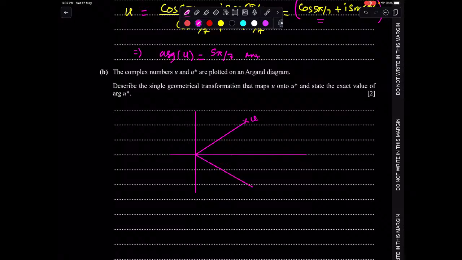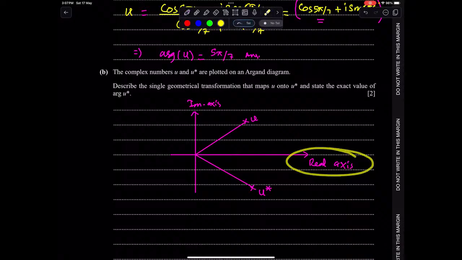So its conjugate must be here, because conjugate is always the reflection in x-axis, real axis in fact. This is imaginary axis and this is the real axis. If this is 5 pi by 7, then this must be negative 5 pi by 7.